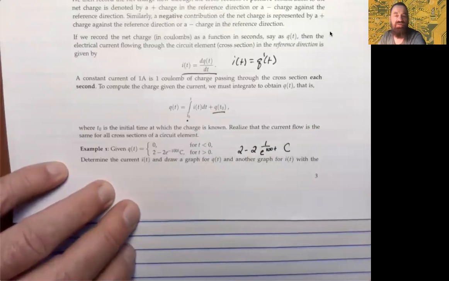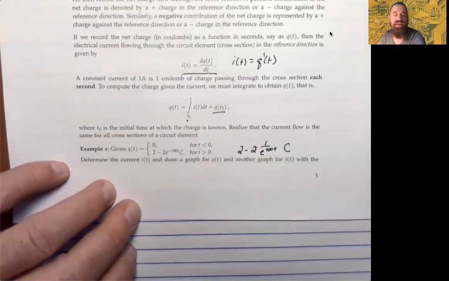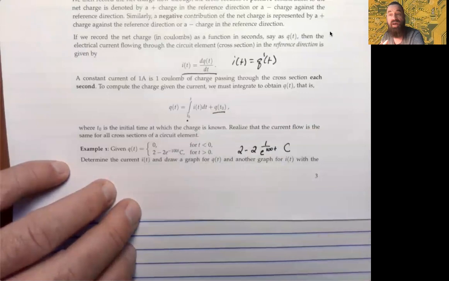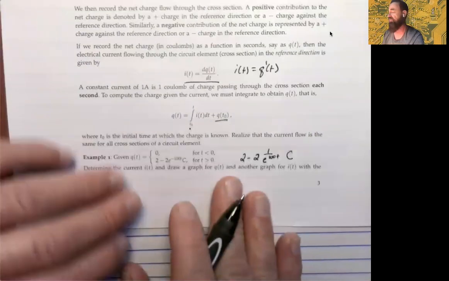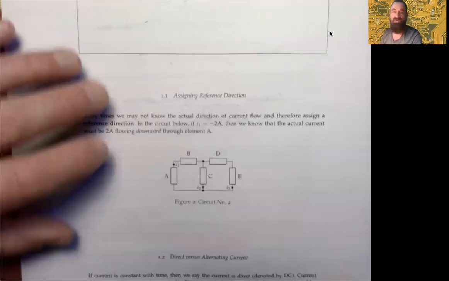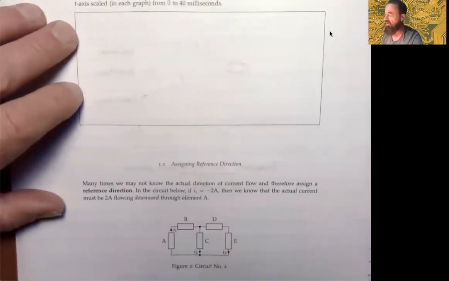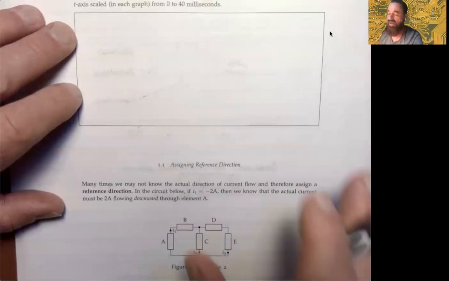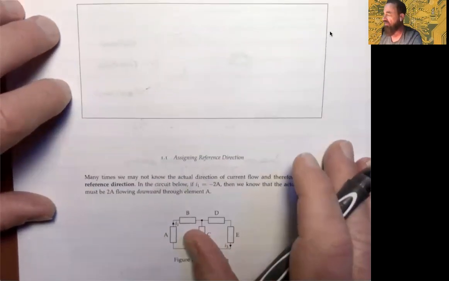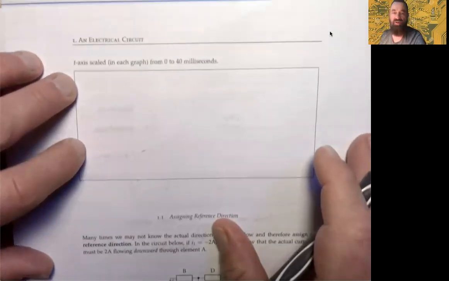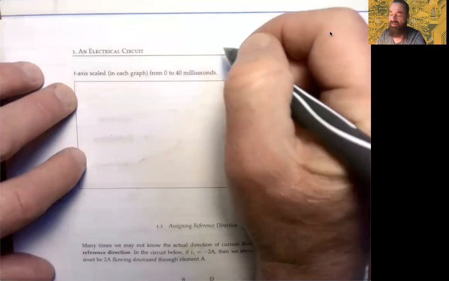What we'd like to do is draw the current and the charge function through time, just to illustrate the behaviors of how current values increase or decrease relative to the charge flow. So let's flip over to page 4 and look at this box at the top. We are looking at this particular function, and I'll redraw it here so that we have it available.